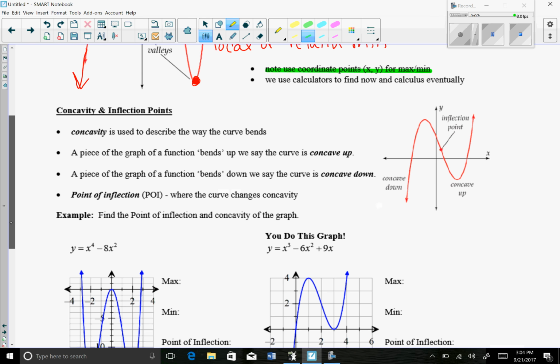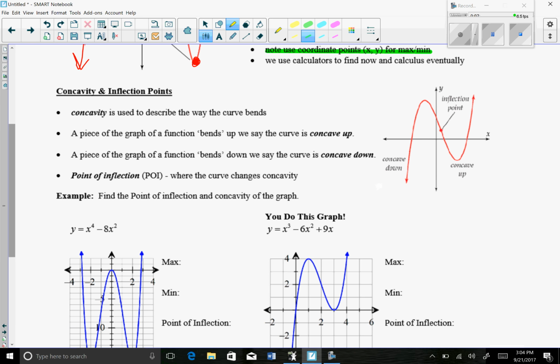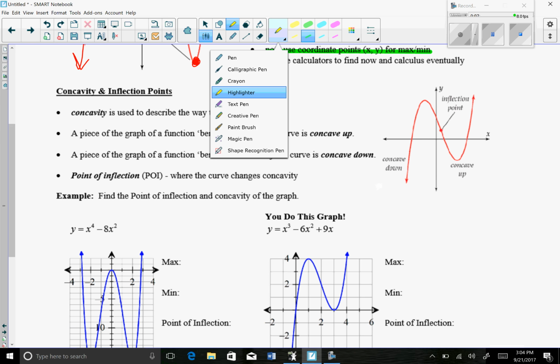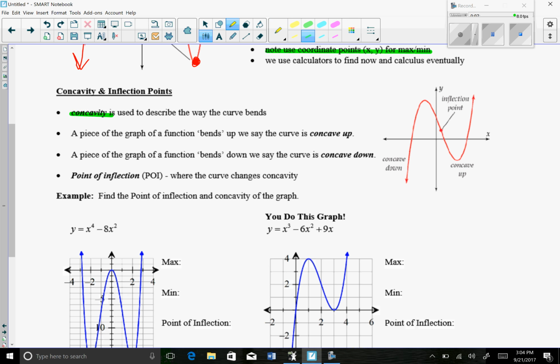So the next part we want to talk about is concavity and inflection points. Concavity is used to describe the way the curve bends. So if a piece of the graph function bends up, we say the curve is concave up. If the piece of the graph bends down, we say the curve is concave down.